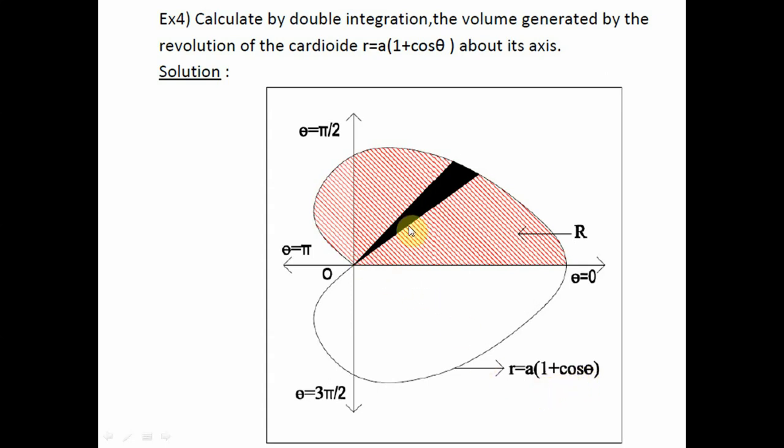To get the limit of the outer integral, we move this strip from the initial line, that is from θ = 0, in anti-clockwise direction to the other end of the region. So when you move this strip from the initial line to this point, the value of θ varies from θ = 0 to θ = π. So these are the limits of the outer integral.